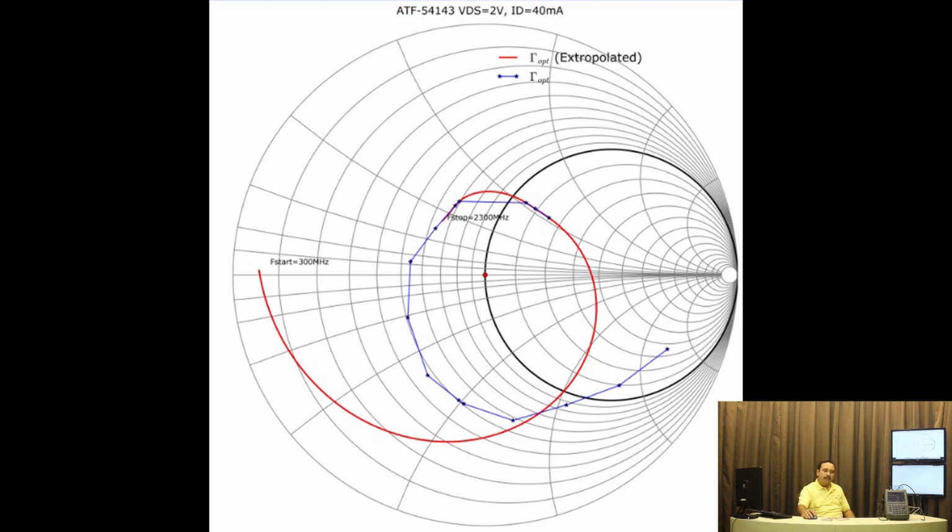And then I have extrapolated this data all the way down to 300 megahertz using some sort of cubic spline type of extrapolation method. And as you could see, there is a very nice fit between the given data and the extrapolated data of the transistor. And now I will use the data along the red curve for my design.